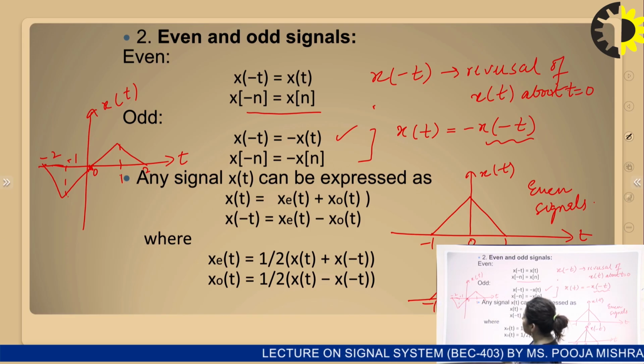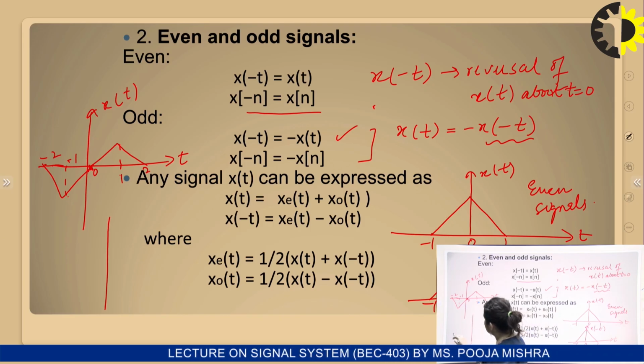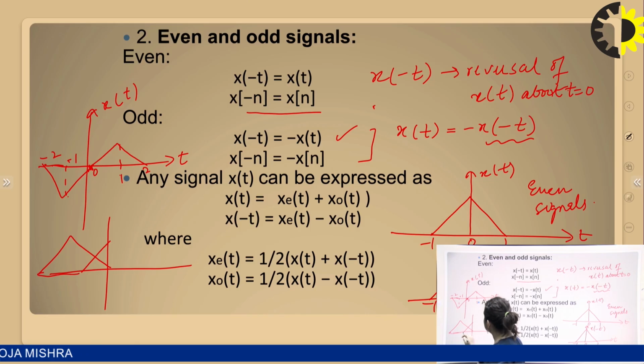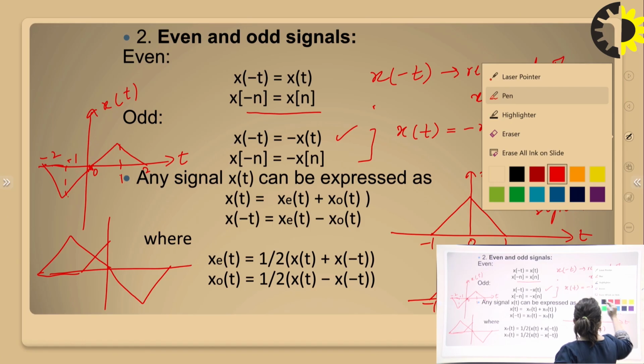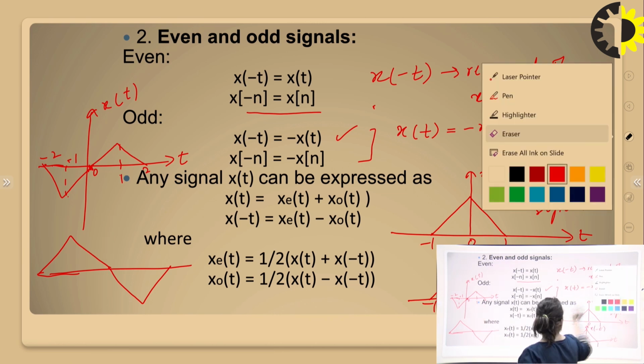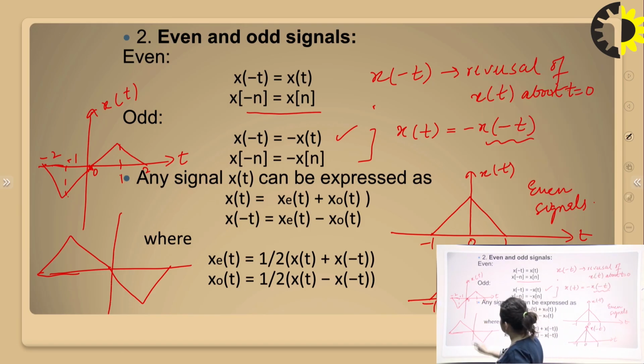And when you flip the signal firstly around this axis, or you can say in the same way, flip like this and then like this. Okay, and then we have this is x of minus t.